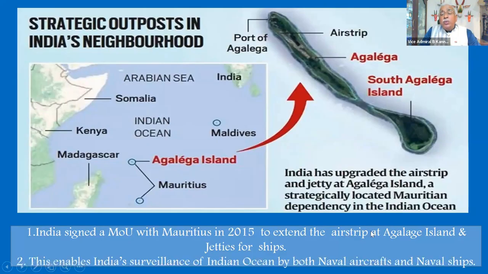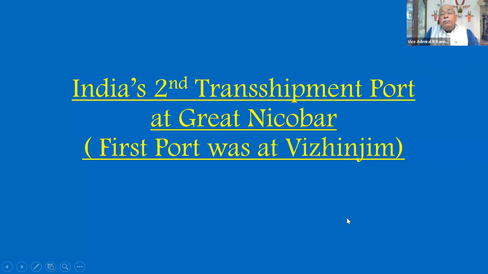Now, I come back to the transshipment port. The first transshipment port in India was Vizhinjam, of which phase 1 is completed. The second transshipment port, there's a proposal for Great Nicobar, which we'll discuss.